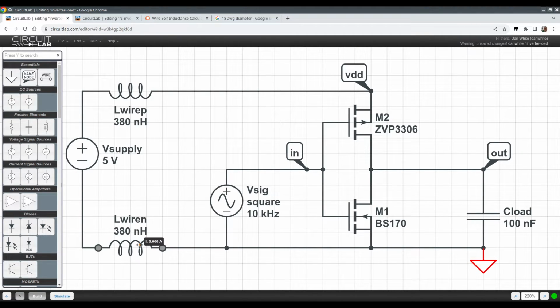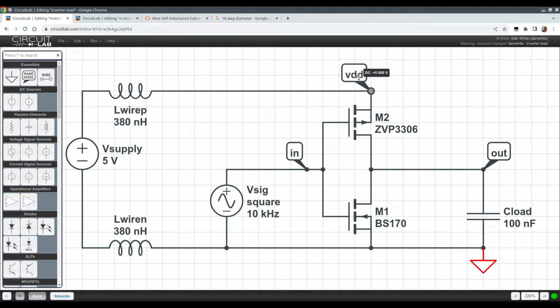If you notice, for the purposes of circuit analysis, I could put these two inductors in series, swap the order of L wire P, N, and the V supply. And as long as I don't need the node voltages on the left side, I can do that. So the total loop inductance is 760 nanohenries, but it's across two wires.